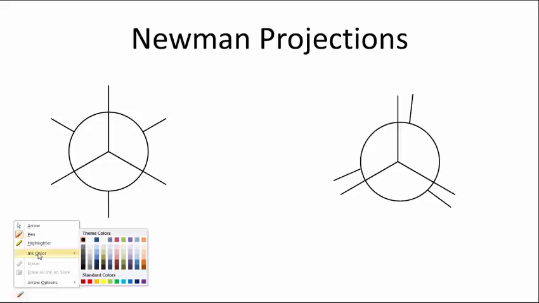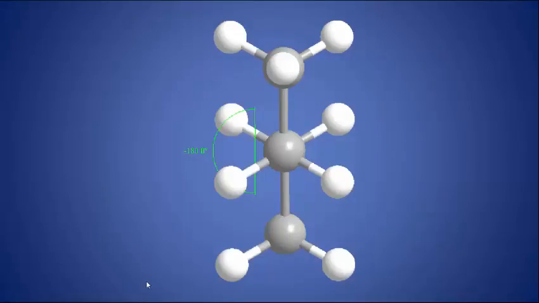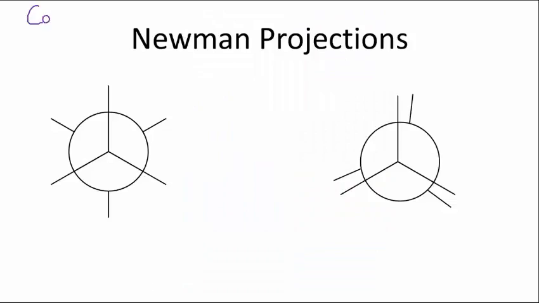All right, we call each of these different positions a conformation of the molecule. So when we use the term conformation, those are different ways to arrange a molecule based on rotation around bonds.